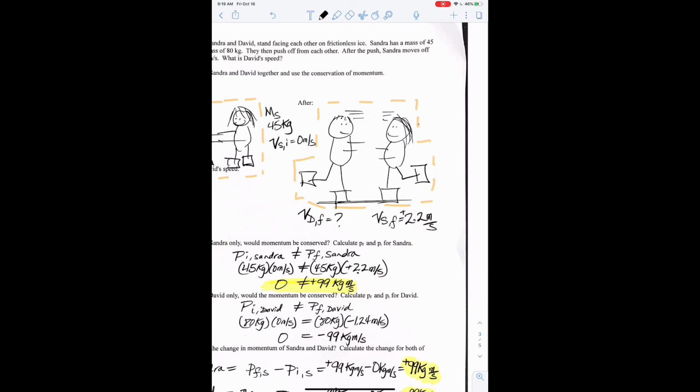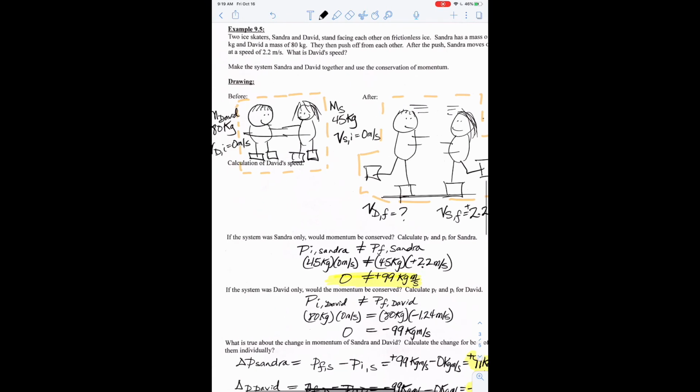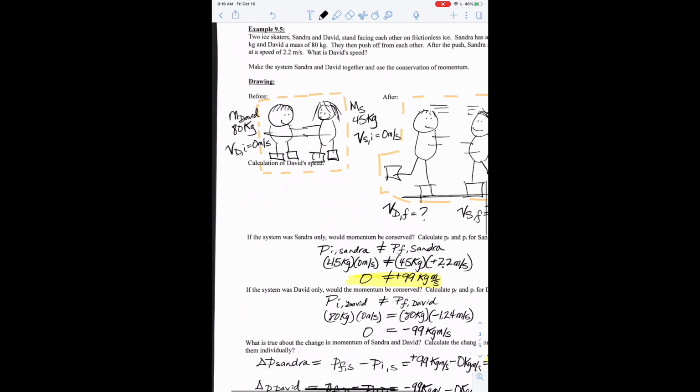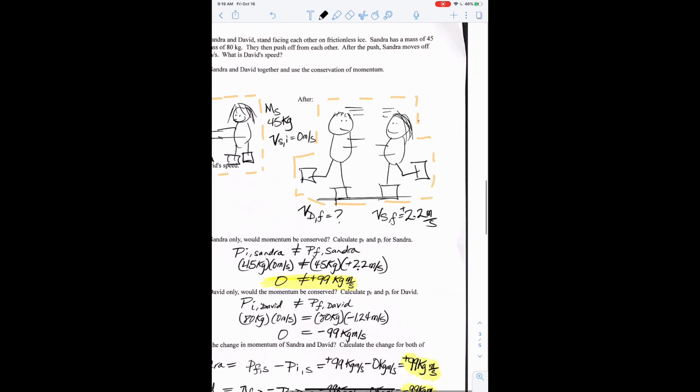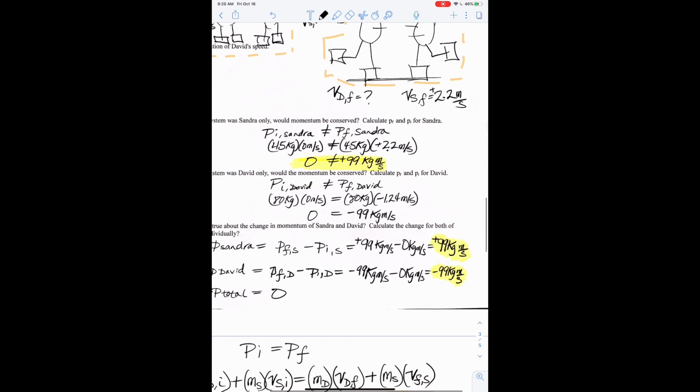And that's a little trickier, right? Because I think this one makes sense to kids because it's 0 momentum initial and it's 0 momentum final. But that's not the idea, right? The idea is that the change is 0.